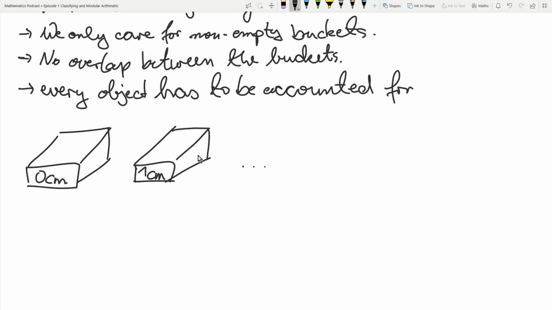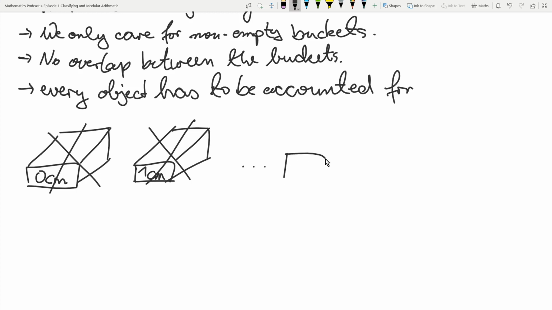But is there ever a human being that is just 0 centimeters or 1 centimeter, assuming they were born at some point? This probably isn't the case, because after a person is born, they usually start somewhere in the 2 digits. So we probably don't care for this bucket, and we probably don't care for this bucket. Although it is good that we thought of these buckets, because we have to have every single object accounted for, which means we can't neglect anything.